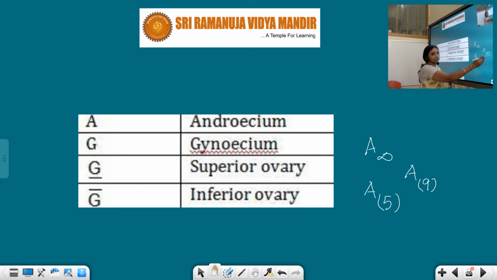That means 9 are united and 1 is separated, so it is a diadelphous condition. If it is monodelphous, all are united. If there are 10 stamens and all are united, we write like this. So for androecium also we use these brackets and the without-brackets method.